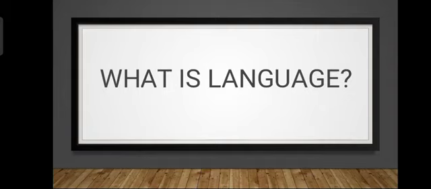The third definition is language is a system of conventional spoken or written symbols by means of which human beings as members of a social group and participants in its culture communicate.